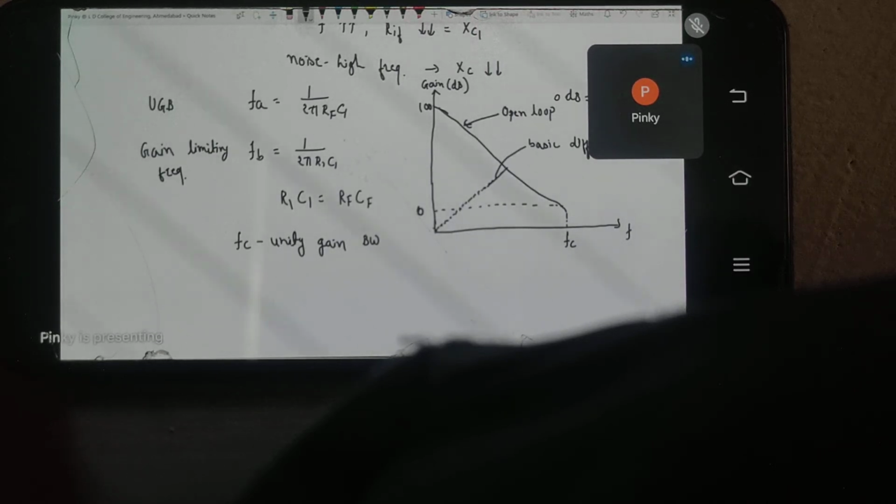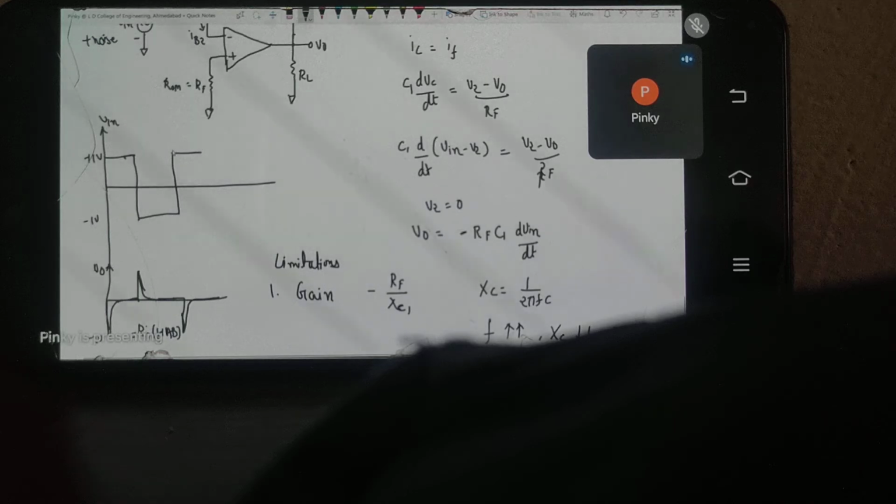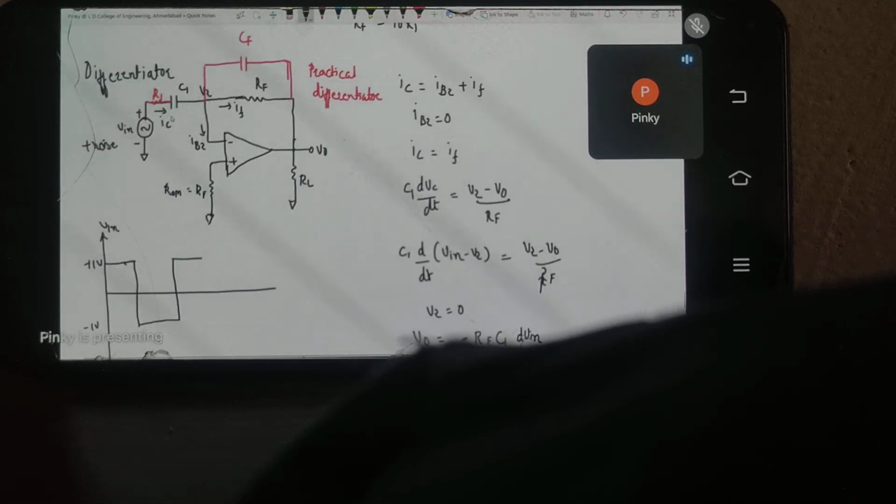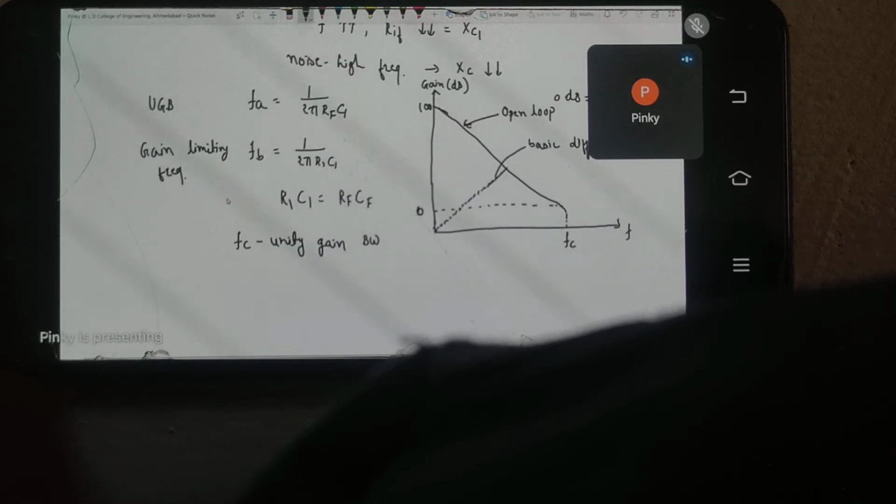But now when we connect this feedback capacitor Cf and R1, then what will happen? Up to some frequency, your gain is going to be increased, and after that, it starts decreasing.